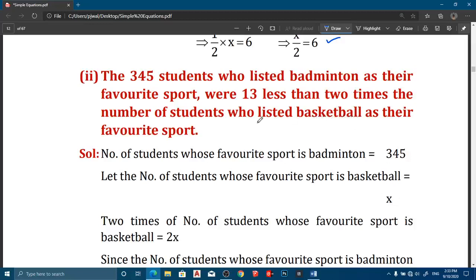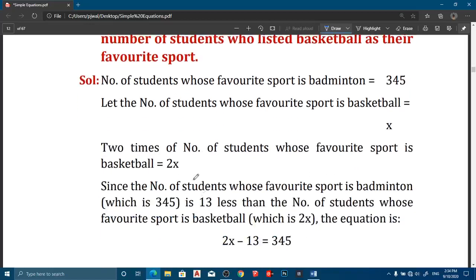So 2 times of this number means we can take 2x. If you subtract 13 from 2 times of this number, it is equivalent to 345. So that's the problem given.